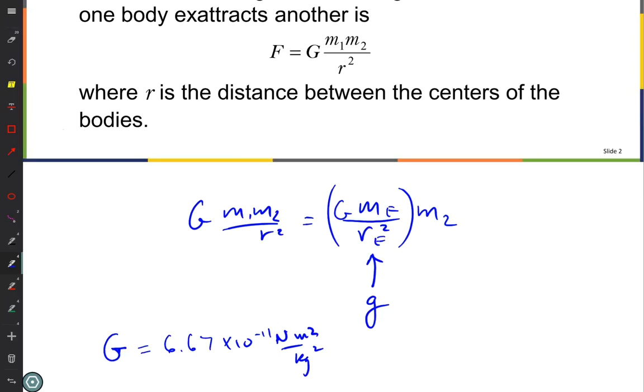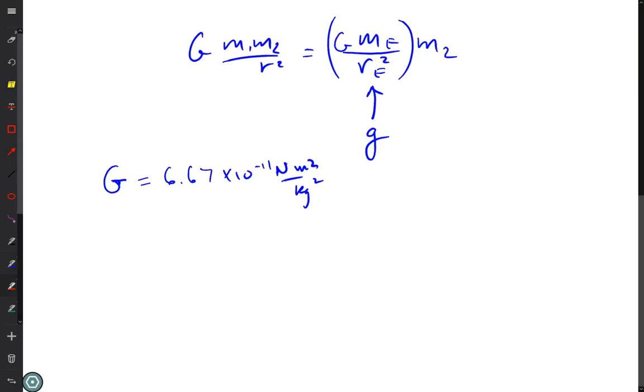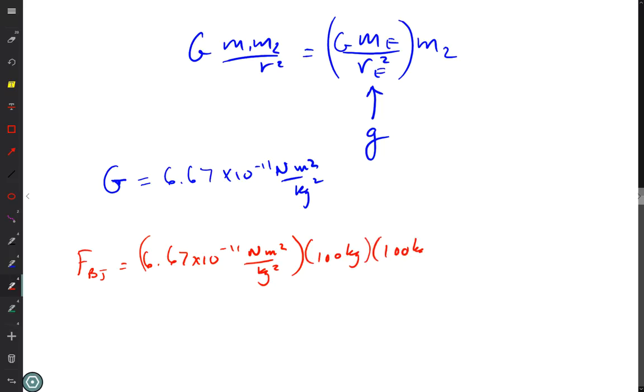So the force of Brandy on Jonathan is equal to 6.67 times 10 to the minus 11, times the mass of the two divided by the separation of the centers of mass squared.